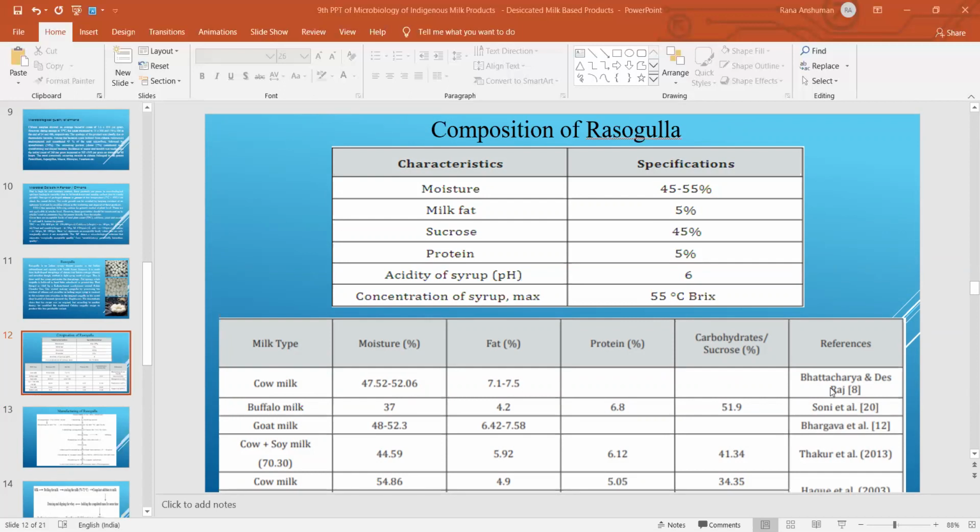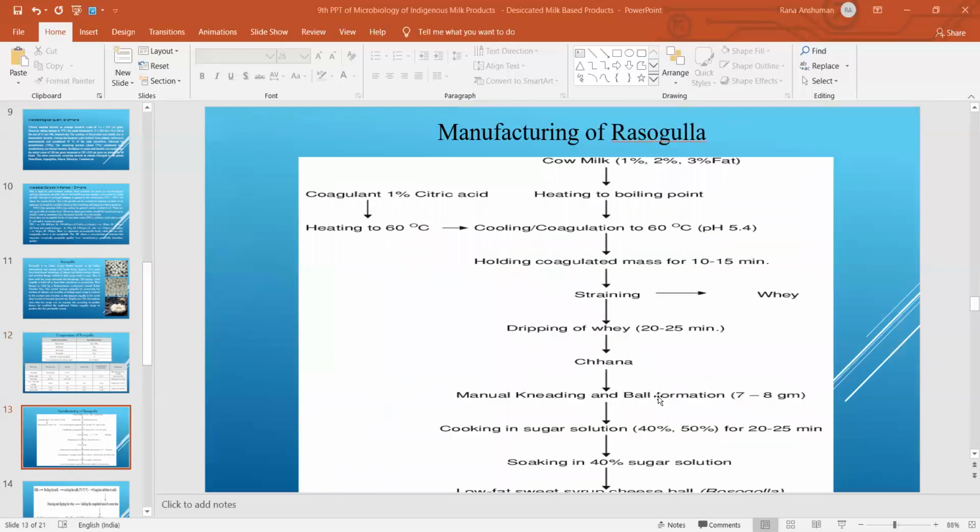And these are the different persons or groups of scientists who have standardized the method of manufacturing Rasgulla from different types of milk, and there is a compositional difference in moisture, fat, protein, as well as carbohydrate and sucrose level of all these products produced from different types of milk.